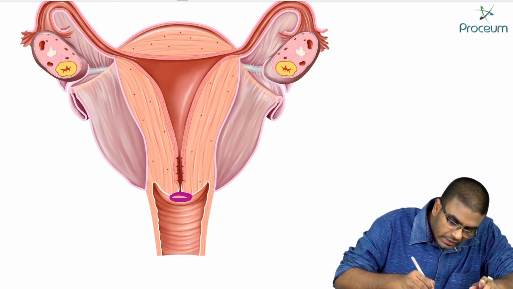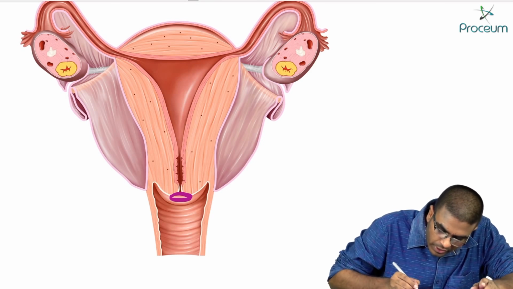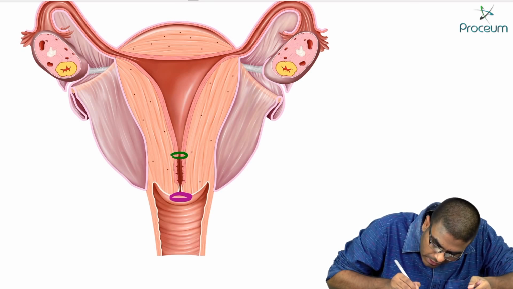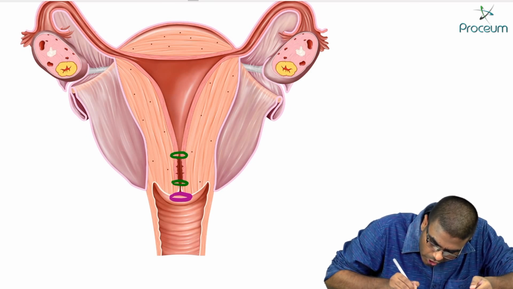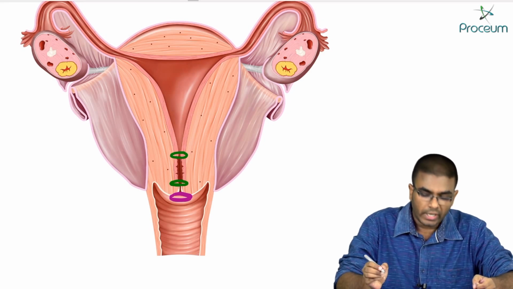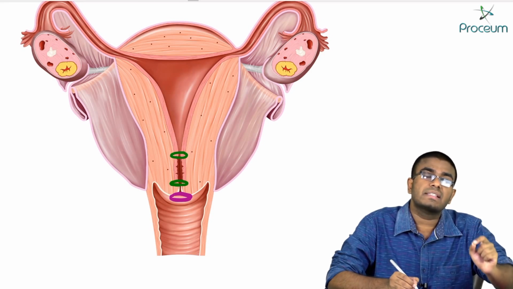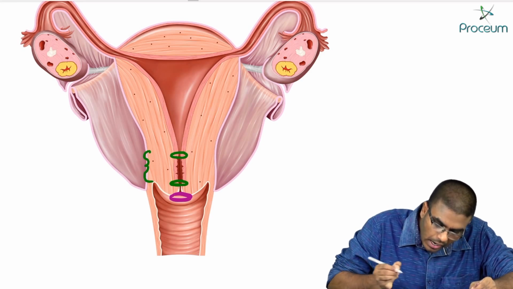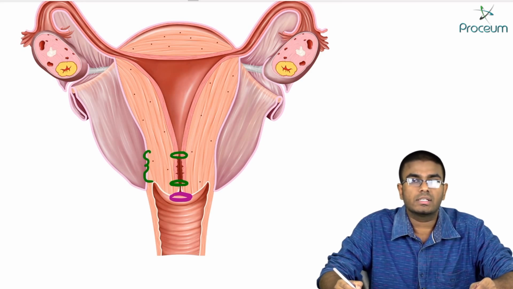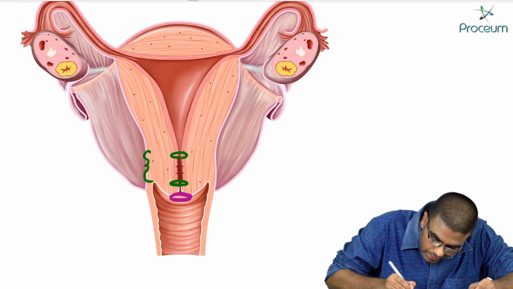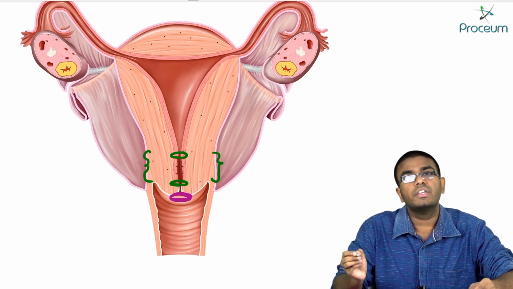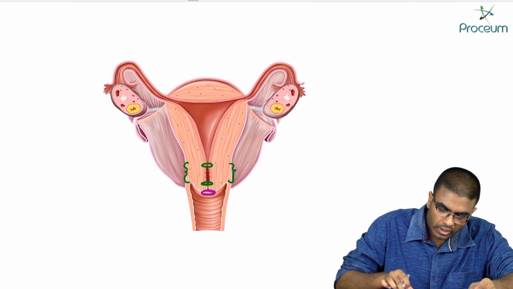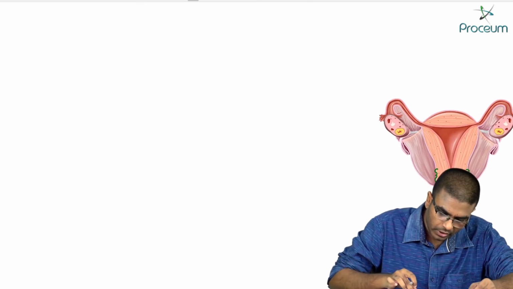In the internal os, we are dividing it into two parts: the anatomical internal os and the histological internal os. The area present between the anatomical internal os and the histological internal os is known as the isthmus of the uterus.